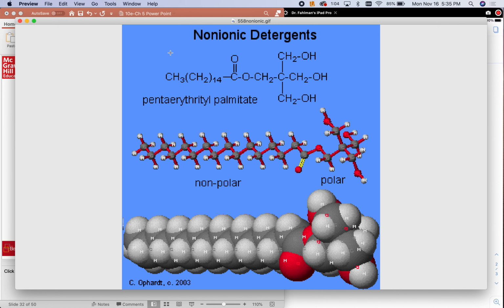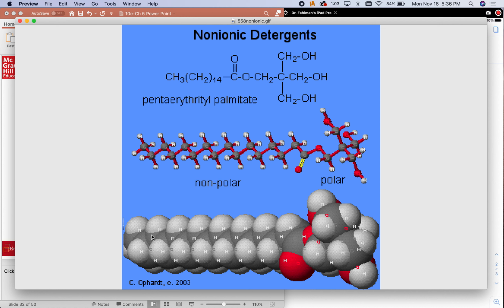If you look in the ingredient list of your shampoos, soaps, that kind of thing, this is a common ingredient, and it's a mouthful, pentaerythrityl palmitate. It's got a very long carbon chain. So this is 14 carbons and then another one and then one here. So a long chain.